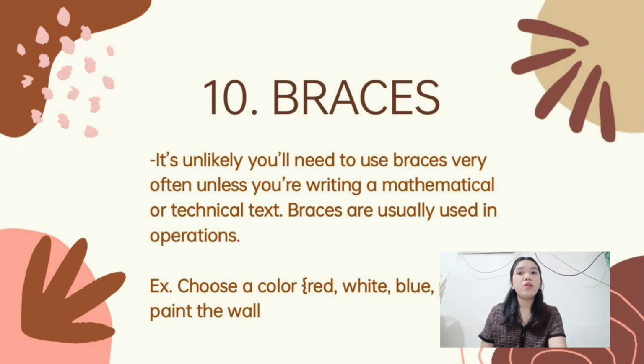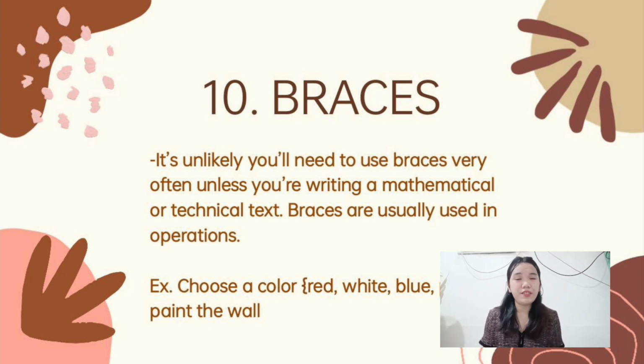For example, choose a color: red, white, pink, and blue to paint the wall. So by using the braces, we should choose the color inside the braces of what to paint the wall, like that.